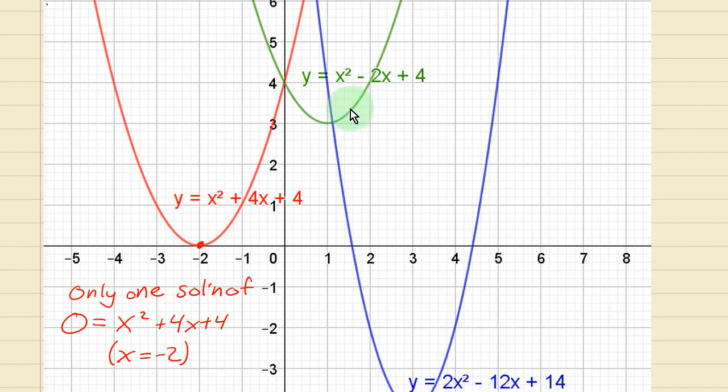With the green one here, I can see that if I wanted to solve this equation here, 0 equals x squared minus 2x plus 4, there are no values of x that make the y equal to 0 here, so this has no real solution. But there might be complex number or imaginary number solutions.